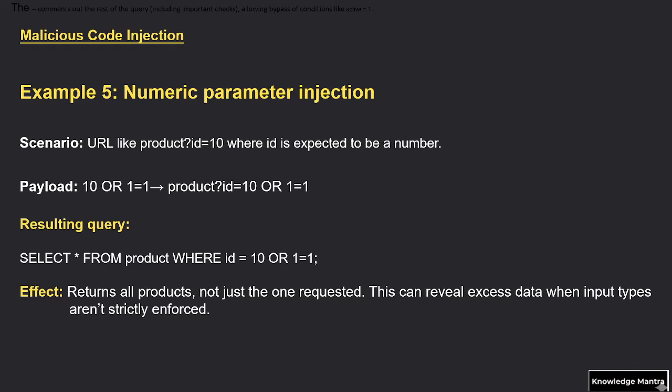It will give the list of all the products, which was not actually intended when we were writing that query. After adding the payload, it will give all the products and reveal access data when input types are not strictly enforced.